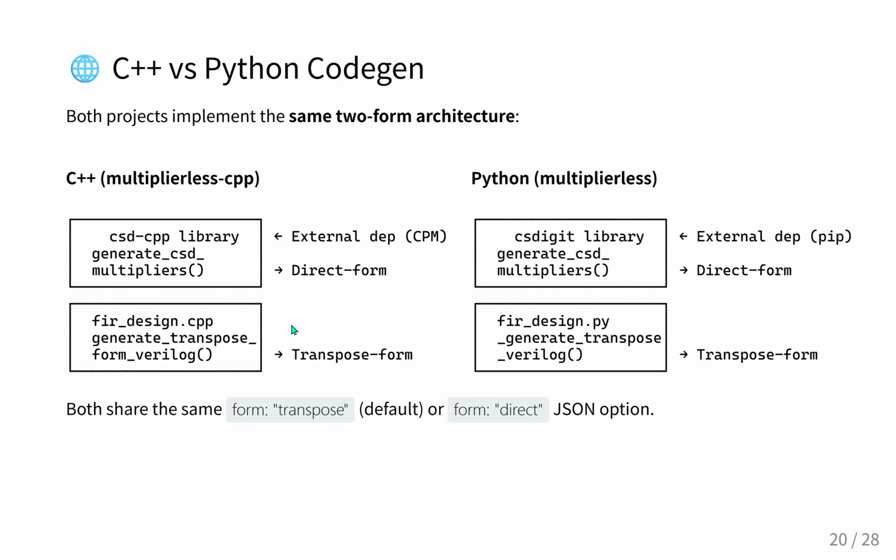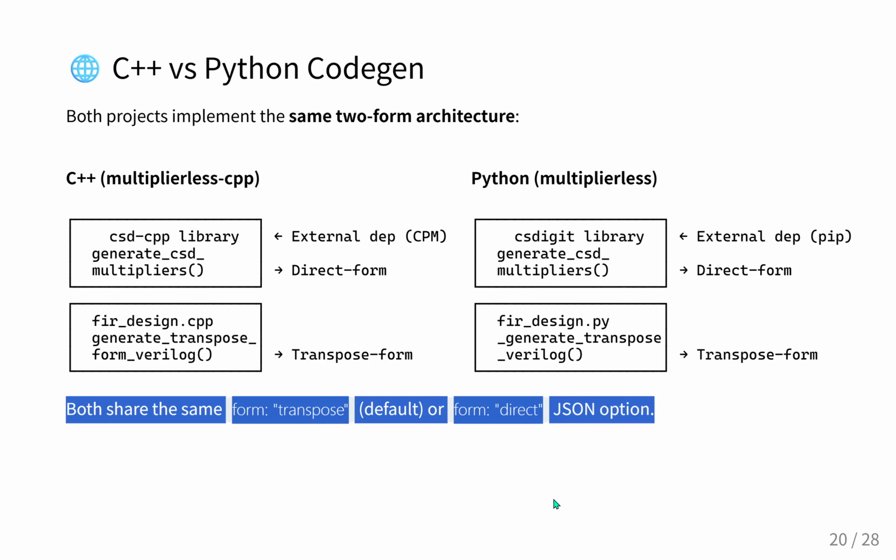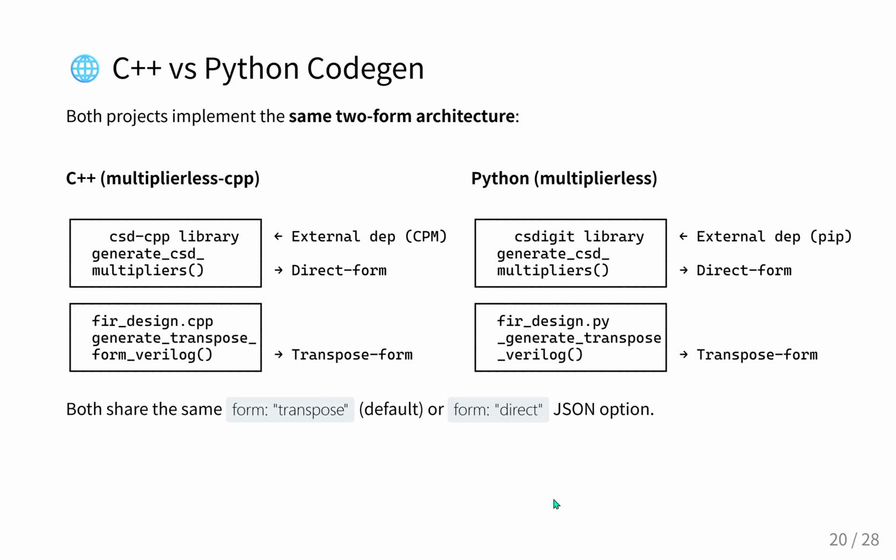Because both projects are driven by a simple JSON configuration file. You literally just type an option, form::direct, or form::transpose. Just a single line of config. Yeah, and behind the scenes, the C++ engine uses a library called CSD-CPP, and the Python engine uses one called CDigit. Right.